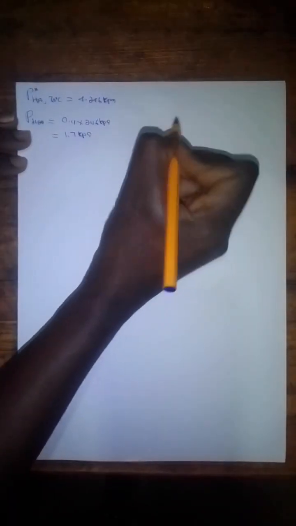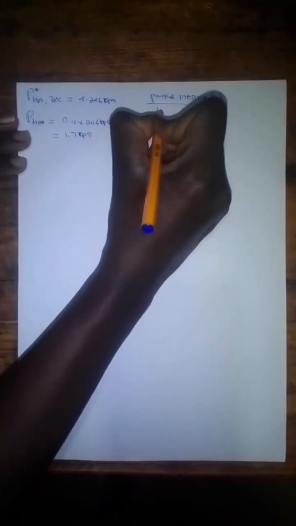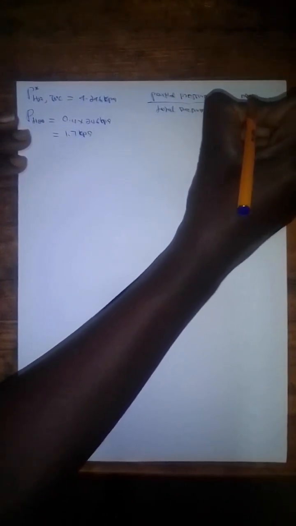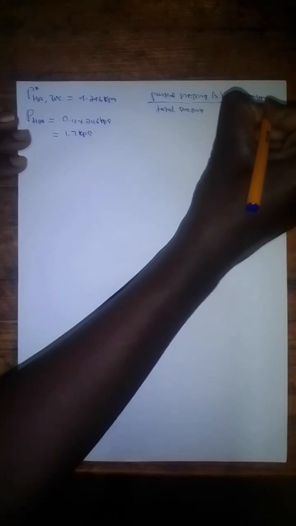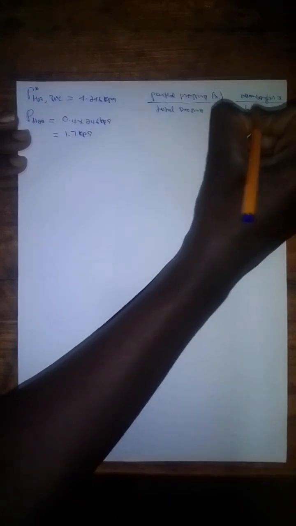Let me just write it down here for explanation purposes. Let me write it on the side. The partial pressure of any compound, let me call this compound X, over the total pressure is equal to the number of moles of compound X over the total number of moles.